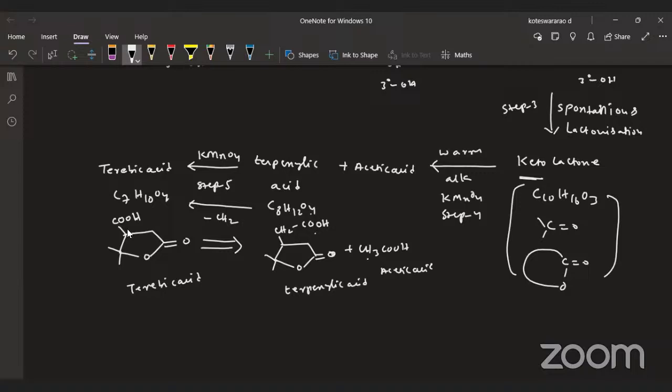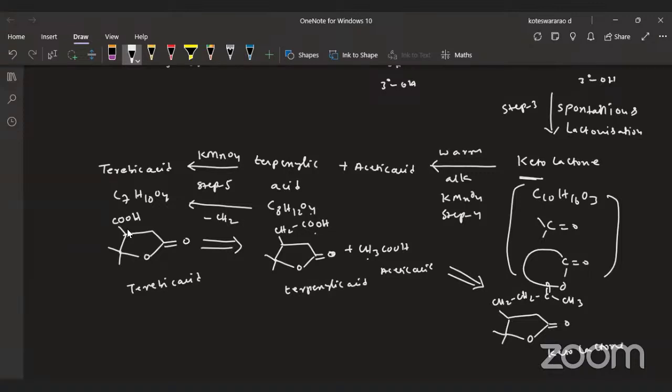You take the same lactam, coming from that like this: CH2, CH2, C double bond O, C. This is the ketolactam.